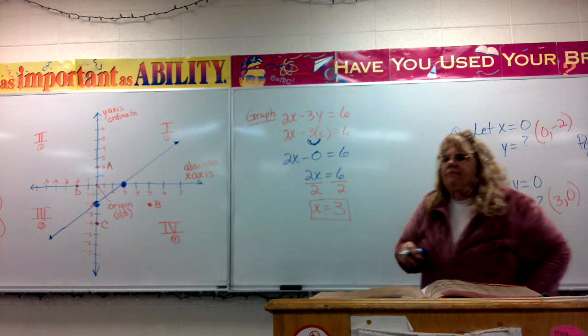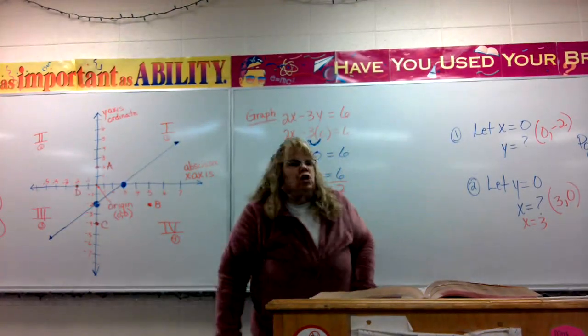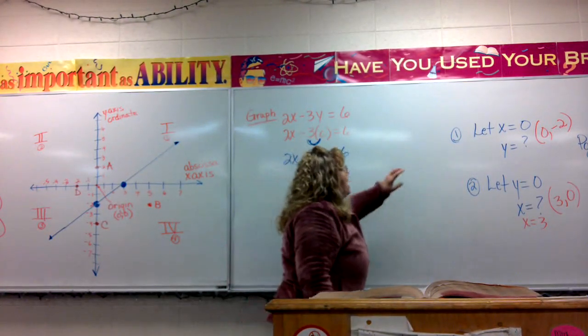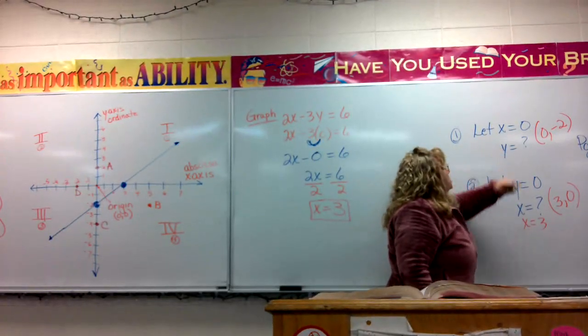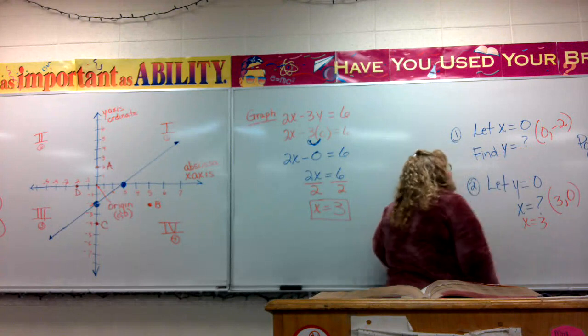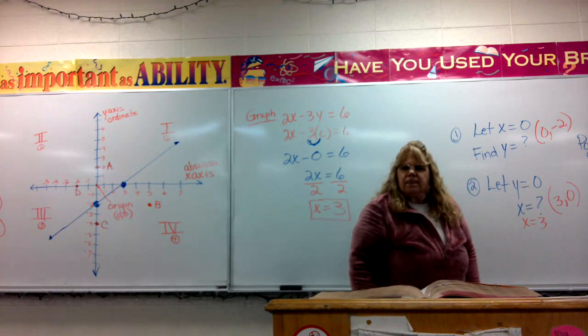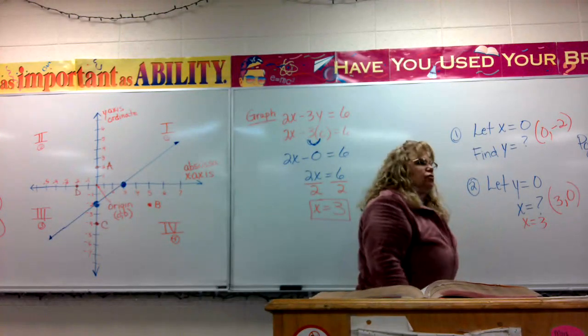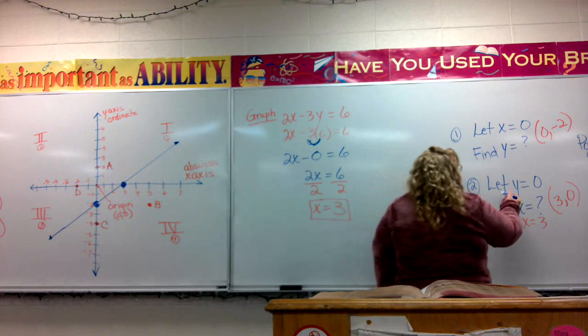That's one way to graph. Does that make sense? So you do two things when you graph. Let x equal 0, and you find y equals what? That's 1 point on your graph. Then you do the opposite.